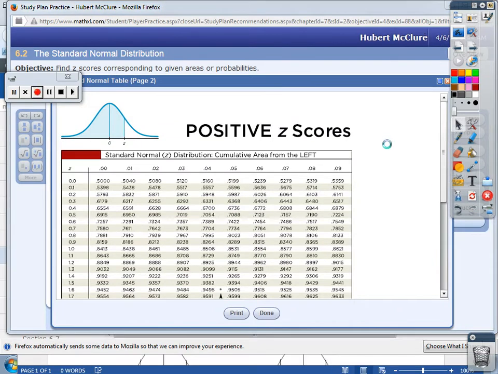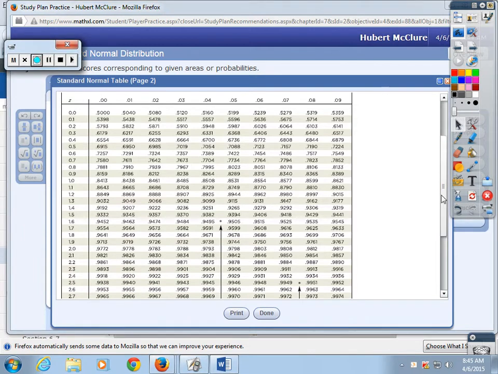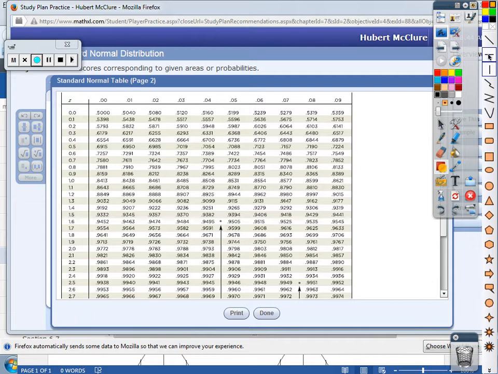And I'm going to take my handy dandy line maker and I'm going to find, what was the 0.85 what? 0.8508. So I'm going to take my straight line maker and I'm going to find 0.8508. Here's 0.85.